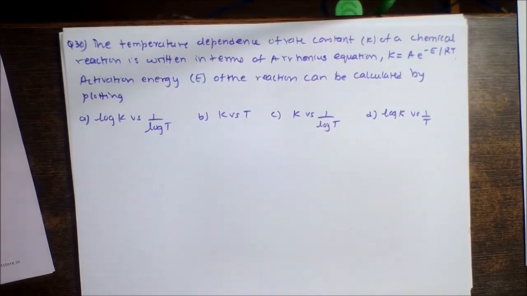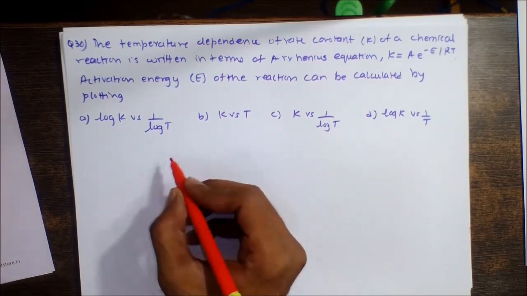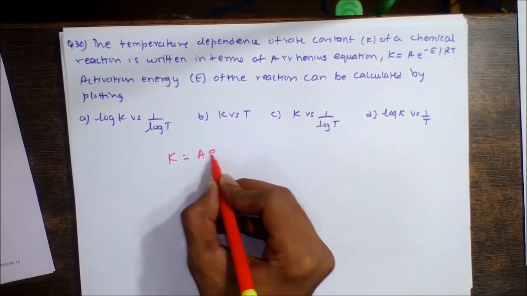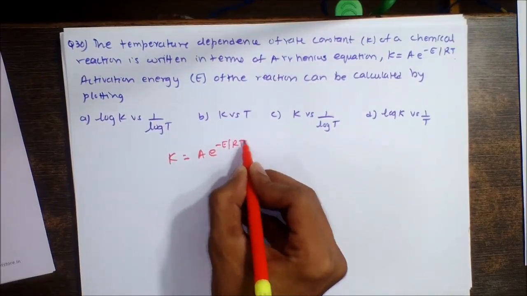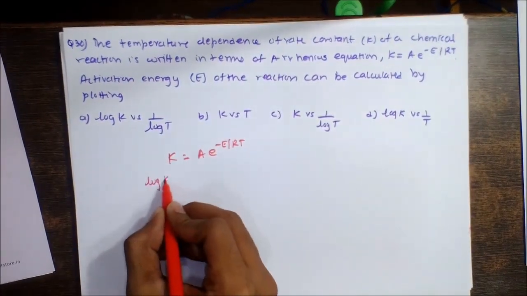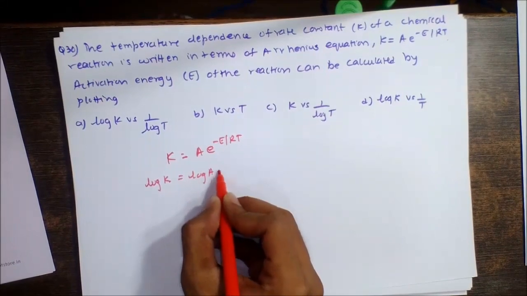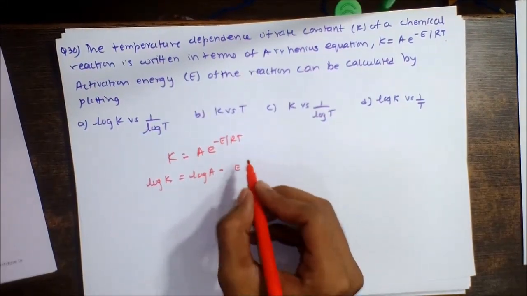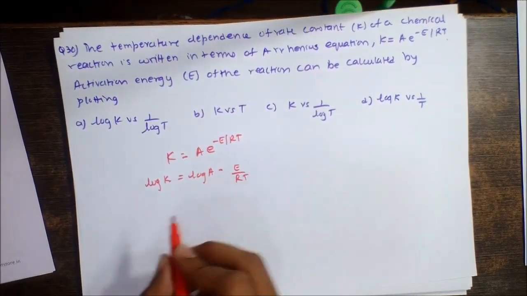Question 30. The temperature dependence of rate constant K of a chemical reaction is written in terms of Arrhenius equation. K equals A e raised to minus E by RT. Activation energy E of the reaction can be calculated by plotting which of the following? Now K is equals to A e raised to minus E by RT. Taking log on both sides, I get log of K equals log of A minus E by RT.